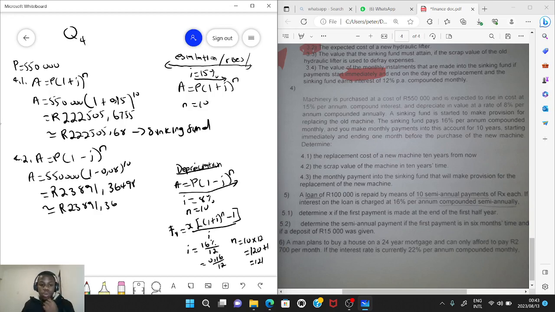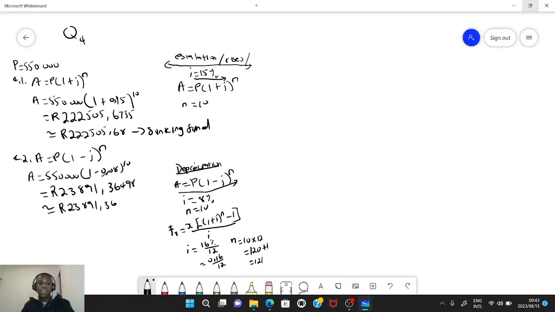Now we are asked to calculate the monthly installment, which is your X. So I'm just going to remove this. Now we are calculating, what's this? Okay, now we know the equation for future value.